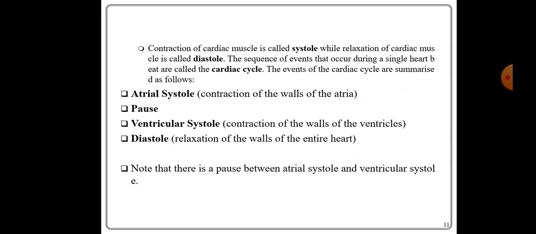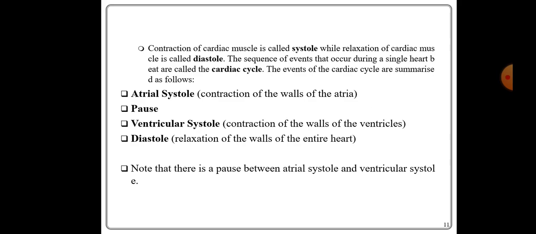Atrial systole is the contraction of the walls of the atria. So the left and right atria contract at the same time. Meaning when they contract, they pump blood into the ventricles. The tricuspid valve and the bicuspid valve open.